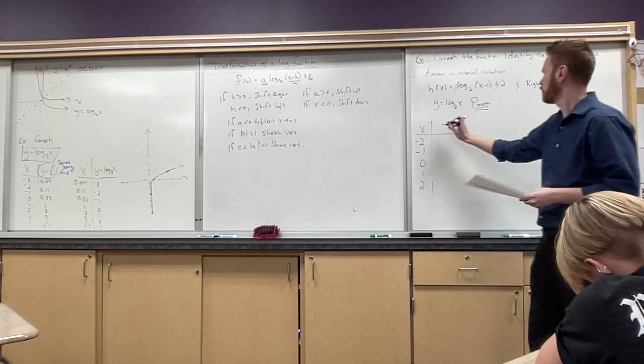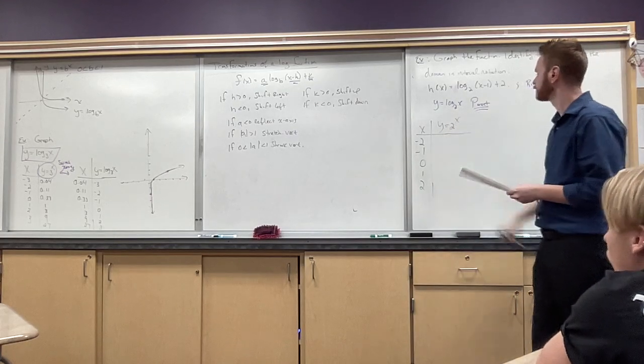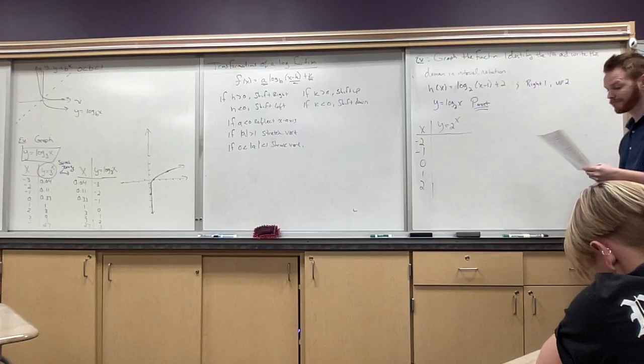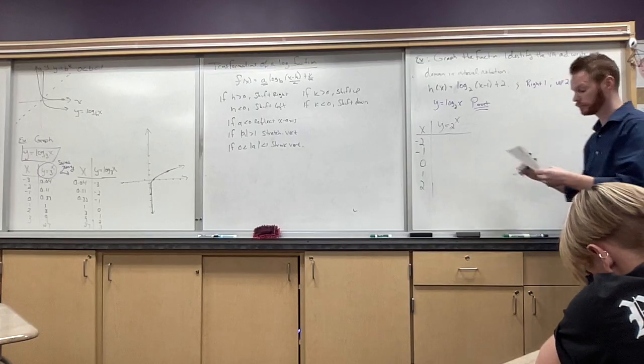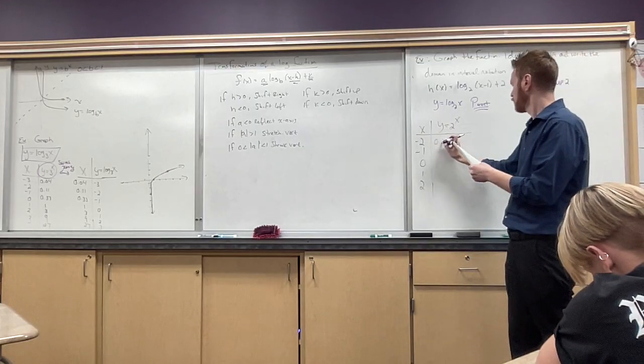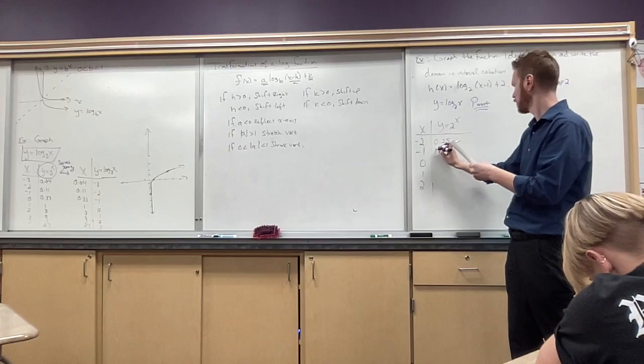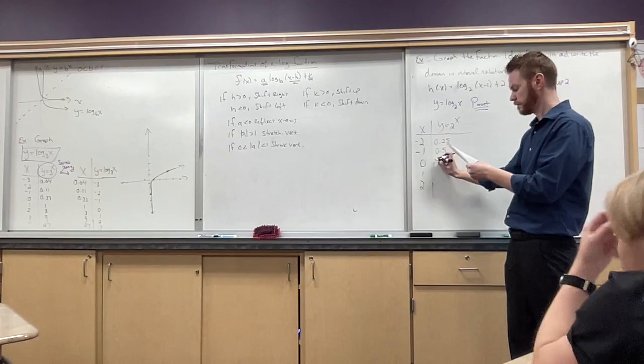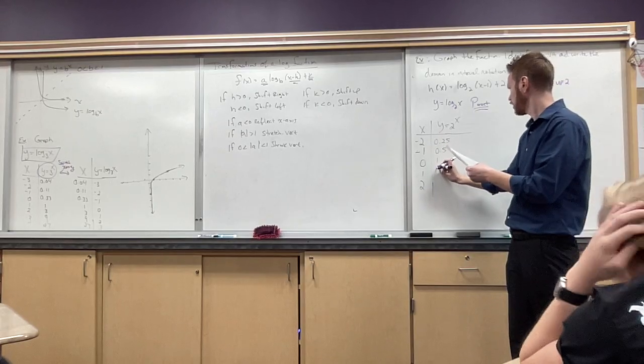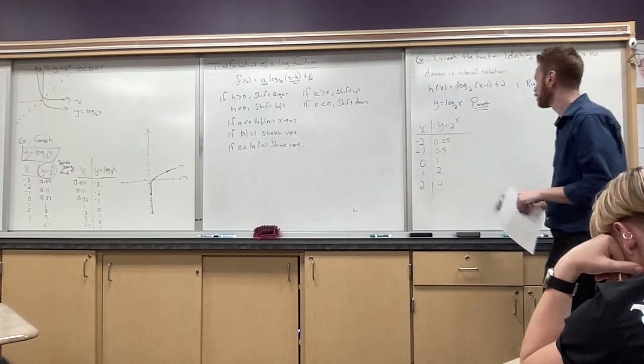Okay? And then this will just be y equals 2 to the x. Okay. Now just plug those numbers in. So we get 0.25, 0.5, then we get 1, and then we get 2, and then we get 4.